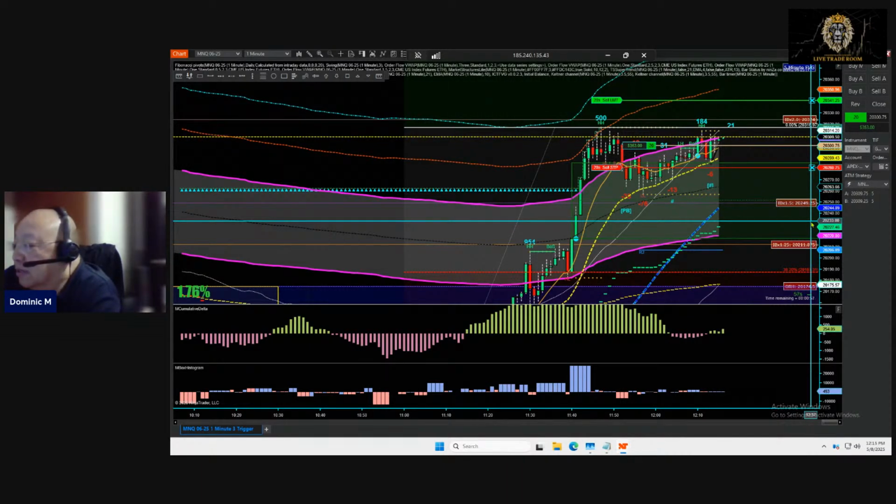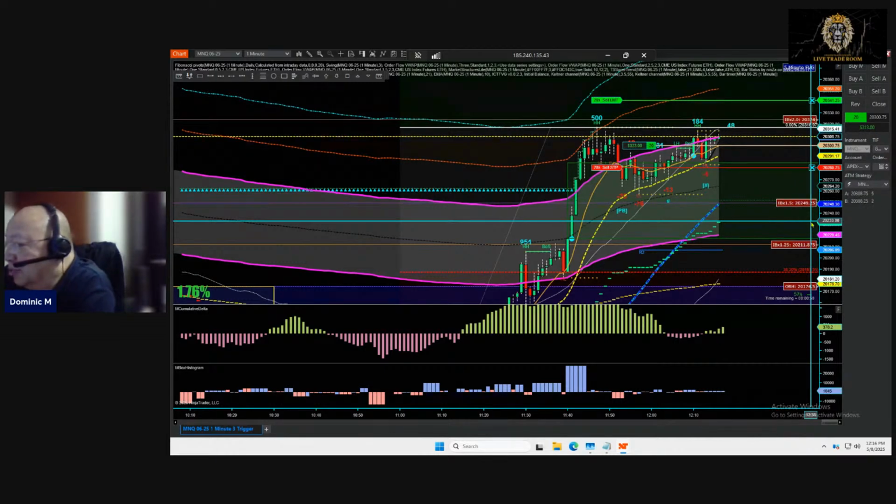It's still closing higher at least. You get small incremental higher candles.